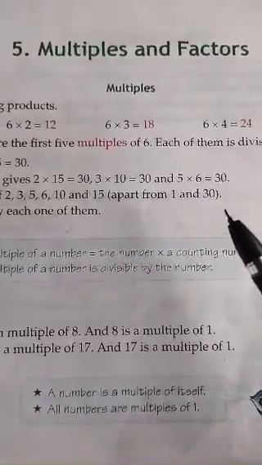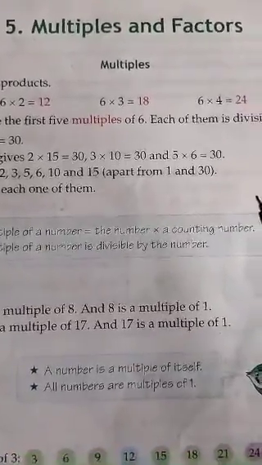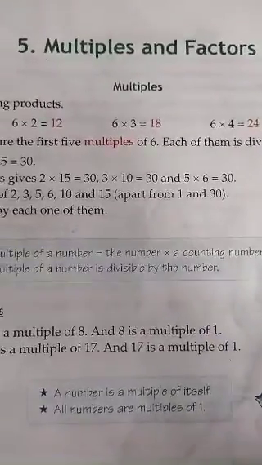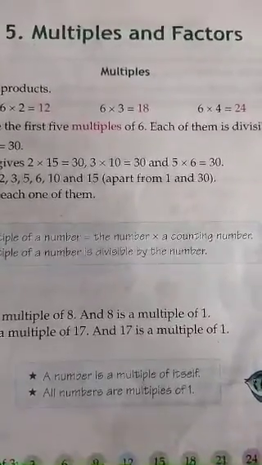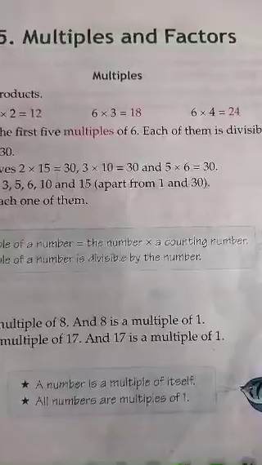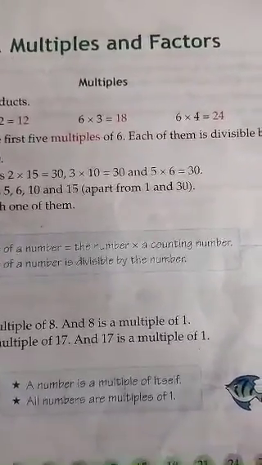So, what are factors and multiples and how do we find them? See, if it is asked to write the factors, then we have to see in which tables that particular number is coming. Suppose it is asked to write the factors of 12. So we will see in which other tables the number 12 is coming.